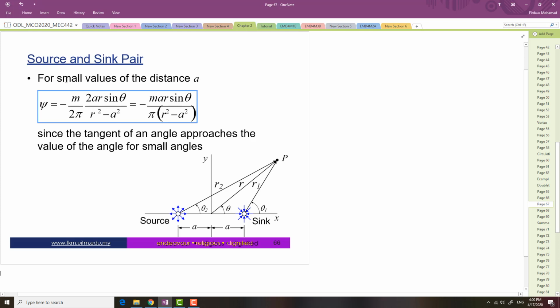Okay, so this is where we start to simplify the previous equation. Before this we got psi equal to negative m over 2 pi tangent inverse of 2ar sine theta over r square minus a square.